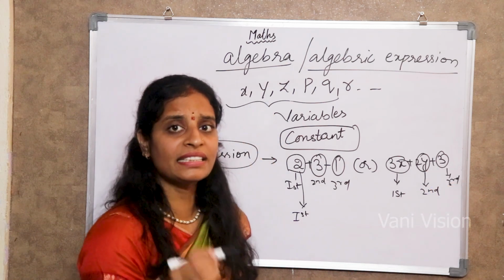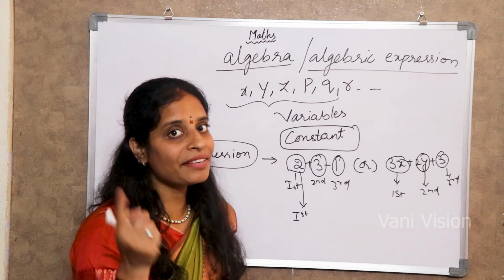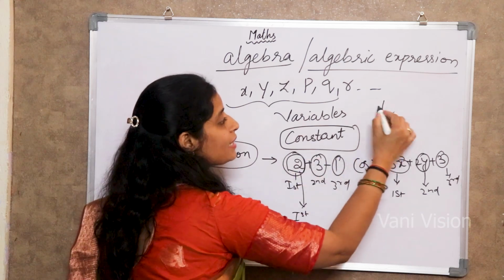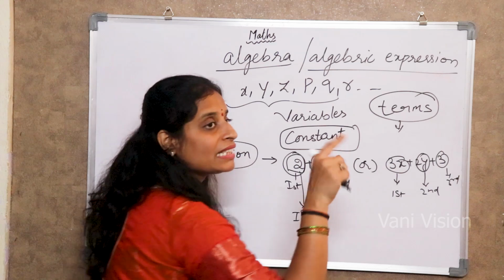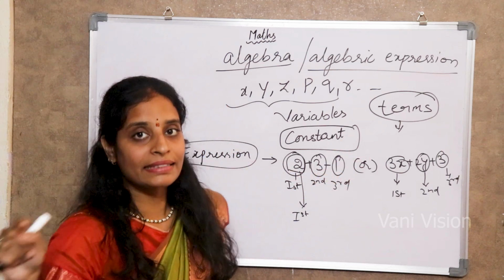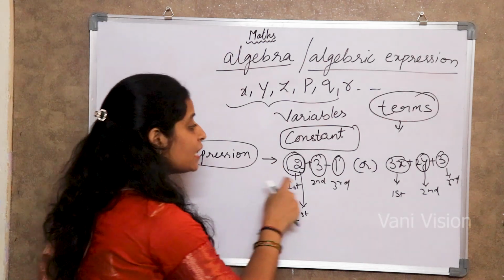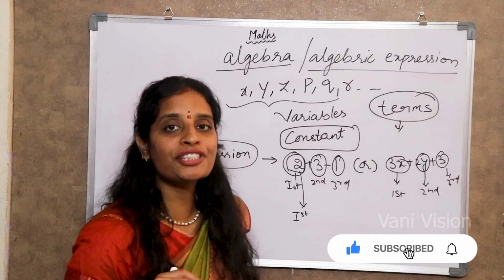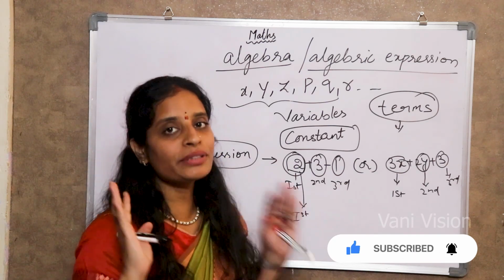So one more keyword we have learned: a term. When terms are added or subtracted, what does it give you? An expression. Expressions are of two types.